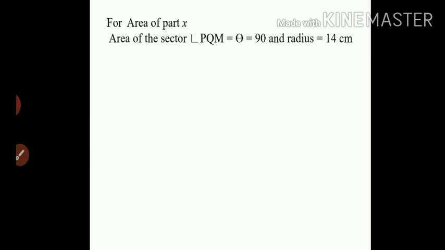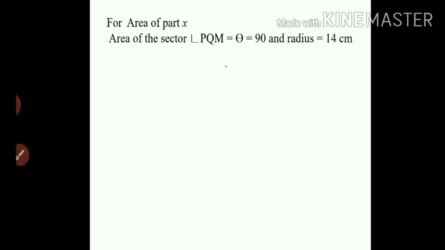Now for finding the area of X part, we know area of sector, that is angle PQM. Angle Q is 90 degrees, so theta will be 90, and radius we got as 14. So area for the part X will be theta upon 360 into pi r square. So 90 upon 360 into 22 upon 7 multiplied by 14 into 14. Again see, we can cancel 0 from 90 and 360.